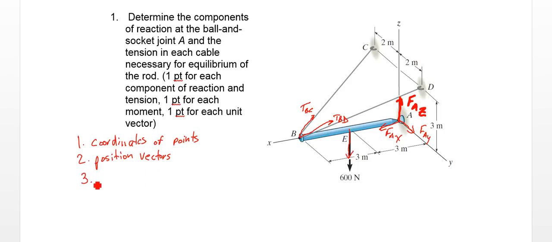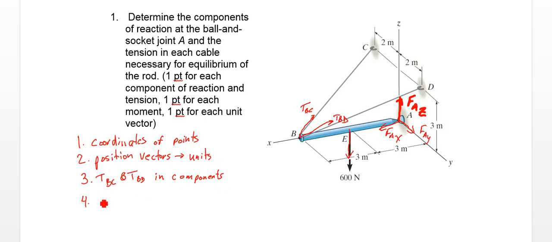Third step then is to find our tension BC and tension BD in their components. So we use our position vectors to do that, or our unit vectors. That flows into unit vectors.